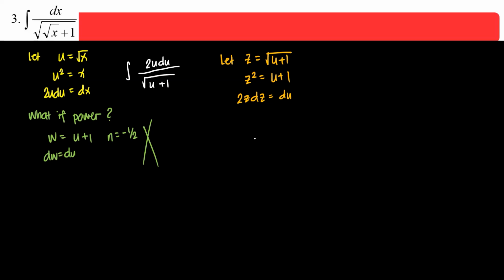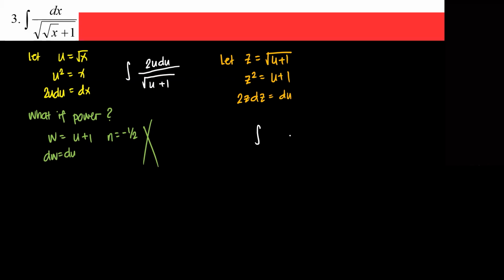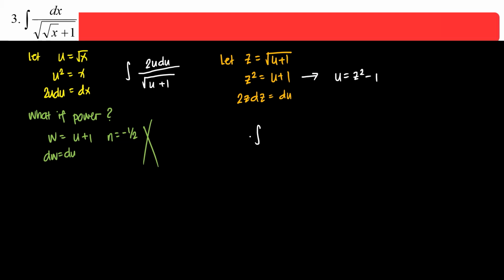So if we try this, integral of 2u du on top. So let's replace what is u? Z squared minus 1. So we don't need the 2. Let's bring out the 2. Letter u is z squared minus 1. The du is 2z dz. The square root of u plus 1 is z. So let's try simplifying what we can simplify.